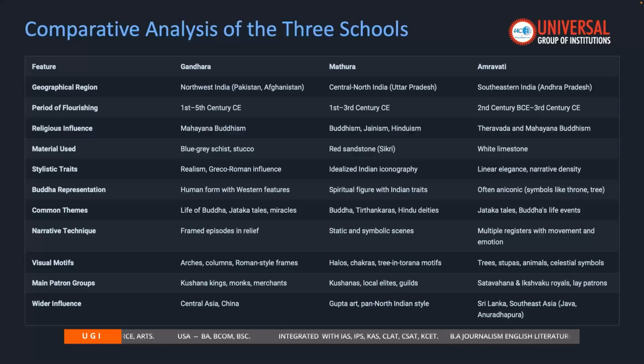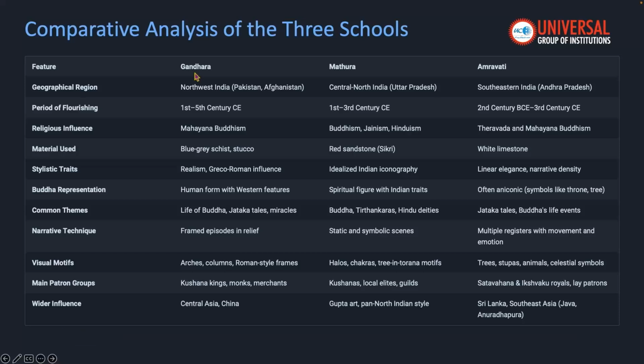Here it is mentioned the features of the different schools of art: Gandhara, Mathura and Amaravati, geographical region, period of flourishing, religious influence, materials used, stylistic traits, Buddha representation, common themes, narrative techniques, visual motifs, main patron groups, wider influence. Everything is mentioned in this slide.